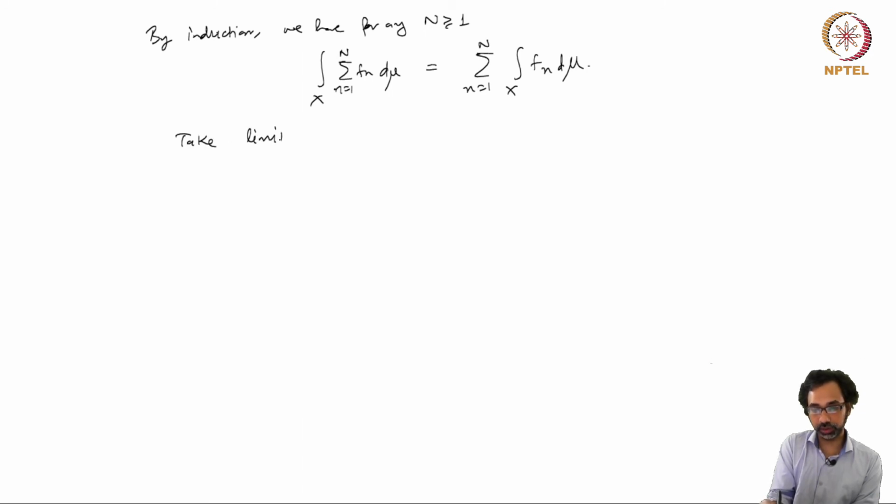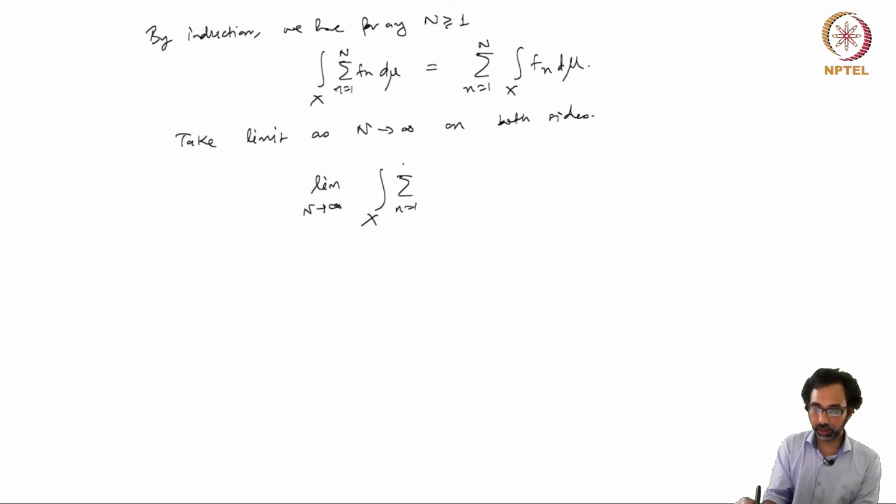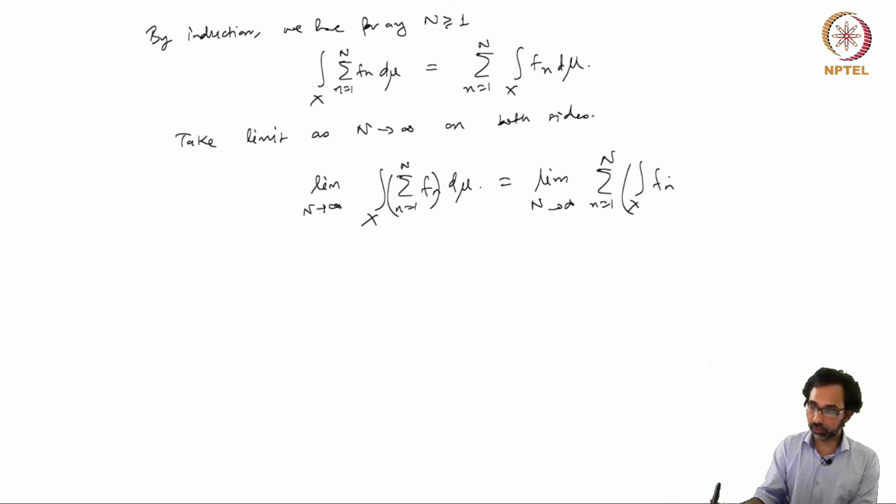Take the limit as capital N goes to infinity on both sides. So we get the limit as N tends to infinity of the integral over X of the sum from n equal to 1 to N of f_n d mu, and this is equal to the limit as N tends to infinity of the sum from n equal to 1 to N of the integrals over X of the f_n's.